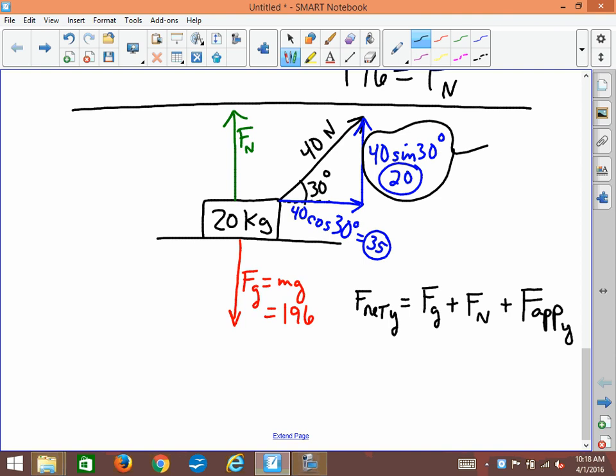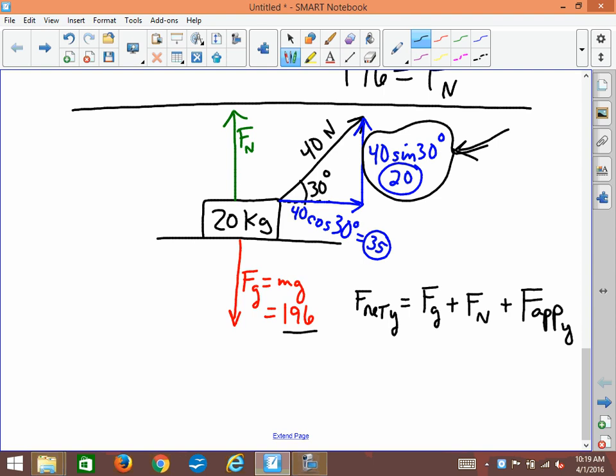Horizontal force, no effect. Now, we still know, however, that the block is not going to accelerate up or down. It can't, because this lifting force over here that you're applying of 20 newtons is nowhere near enough to lift this. You'd need 196 newtons to beat gravity and lift it up.